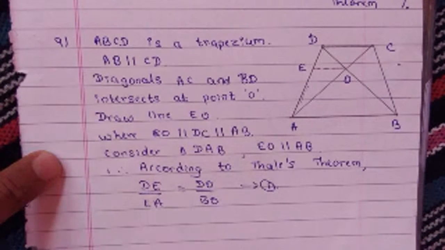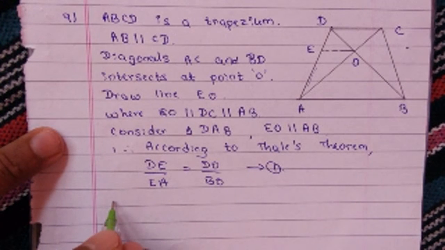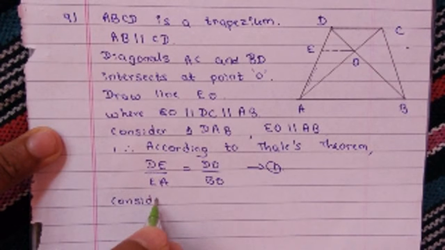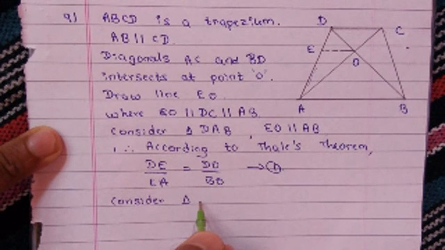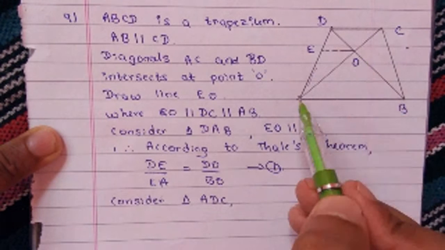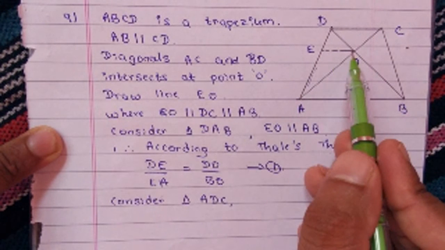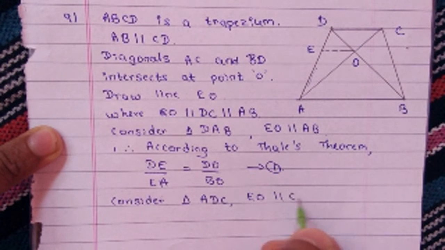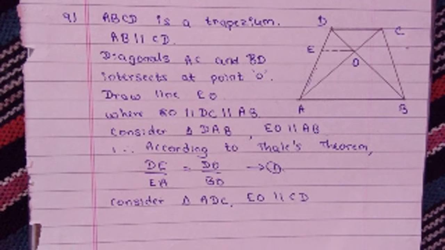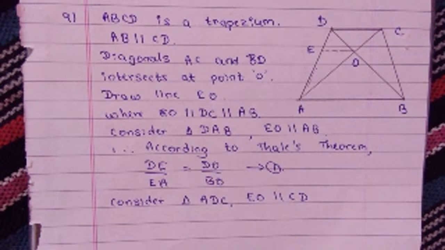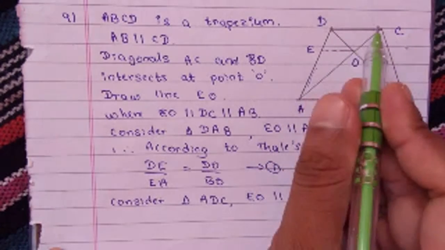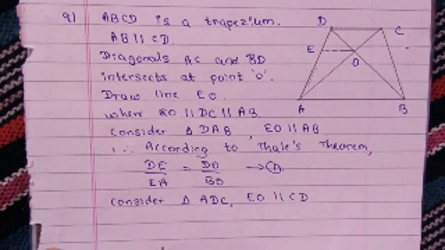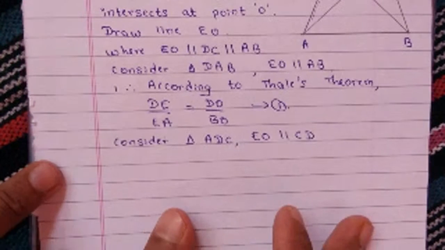Then I will consider the second triangle, ADC. In triangle ADC, EO is parallel to CD. This is by using the construction EO is parallel to DC. So again we have to apply Thales theorem.